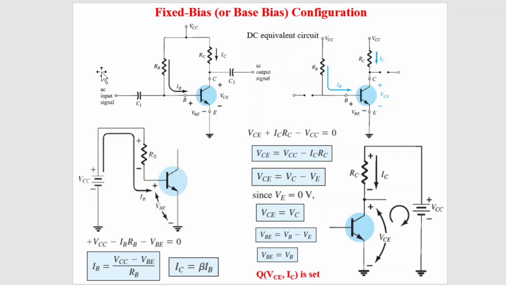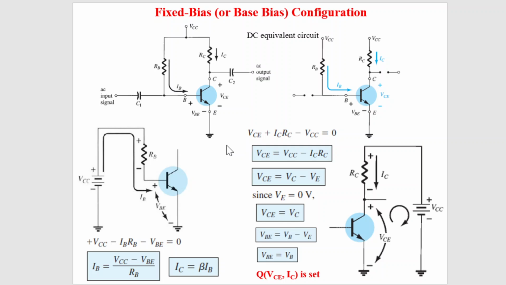Before applying any input AC signal, we have to stabilize the transistor first with respect to temperature, and we should have a Q point that should not change with temperature, and even if you change any input parameter, the Q point should not change. And the Q point should lie exactly in the middle of the DC load line, then that will give an undistorted output of your AC signal.